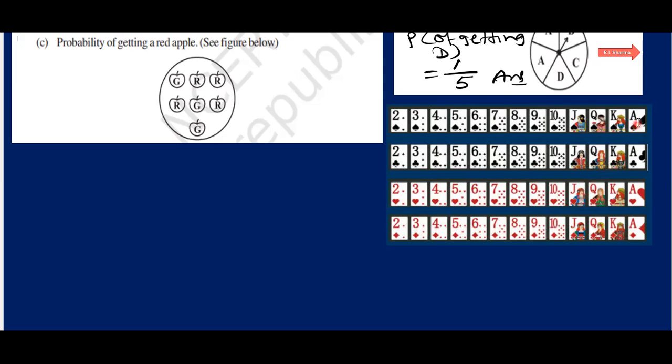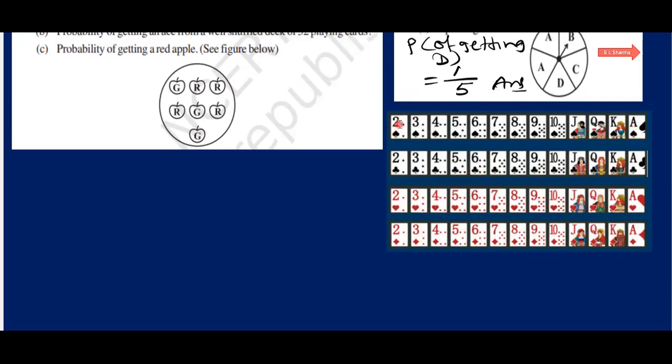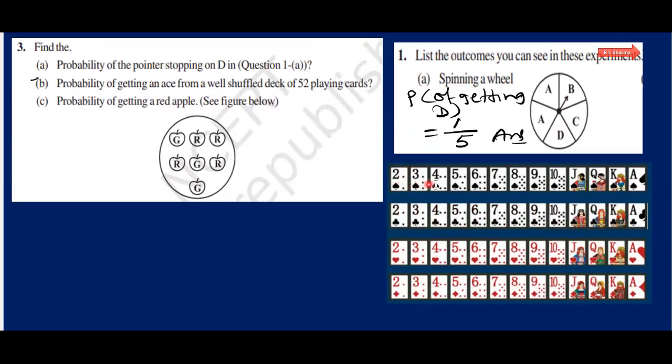ये जो बना हुआ है ये एस है, इसको हिंदी में इक्का कहते हैं. 1 2 3 4. टोटल कितने देखिए? 52. 13 plus 13 plus 13 plus 13, टोटल 52 प्लेइंग कार्ड्स होते हैं. उनमें से एस कितने हैं? 1 2 3 and 4.